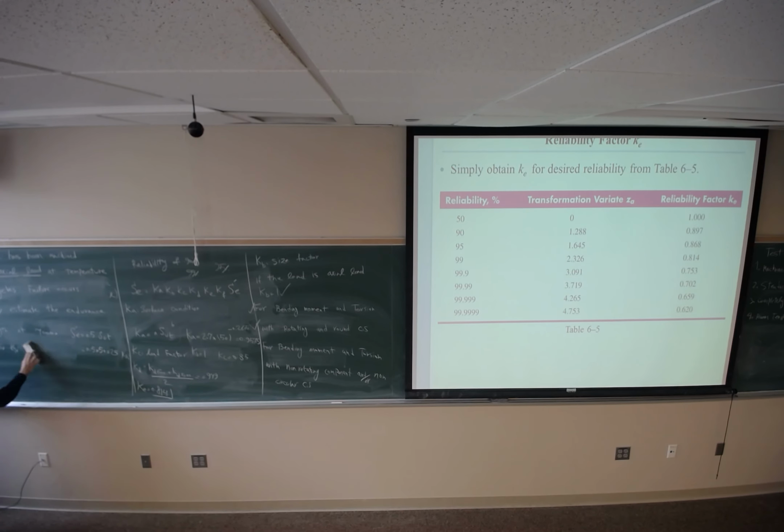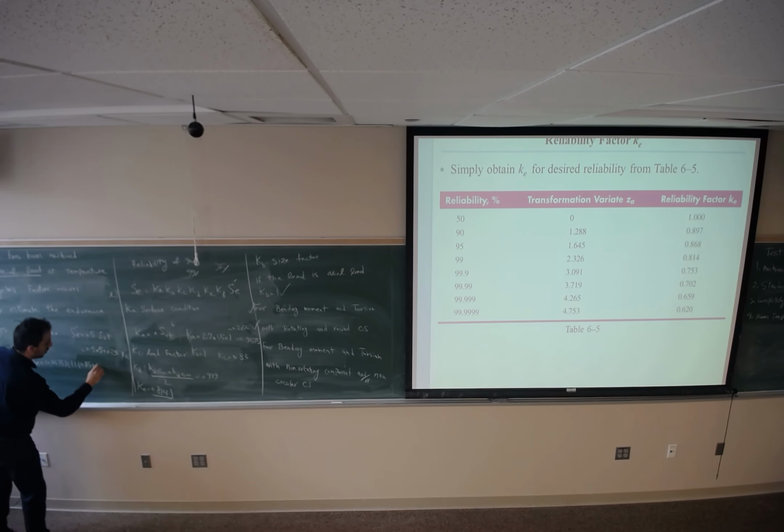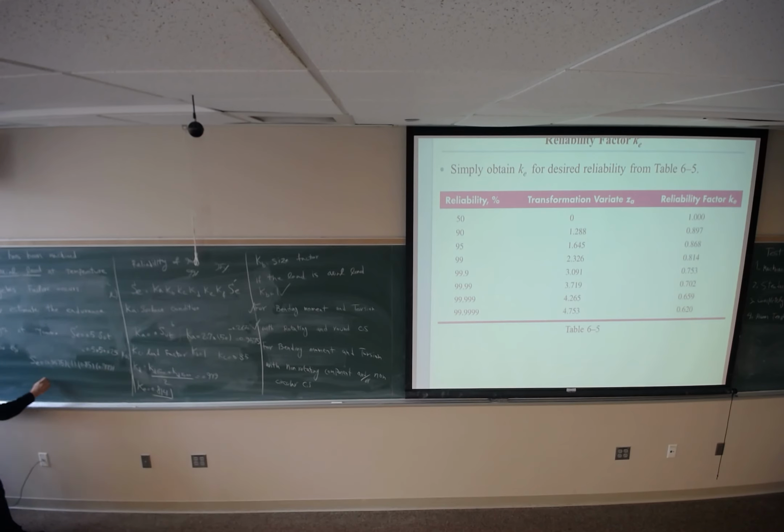Now, time to find Se. Se would be Ka, which is 0.975, Kb is 1, Kc is 0.85, Kd is 0.979, and Ke is 0.814, times S'e, which is 25.